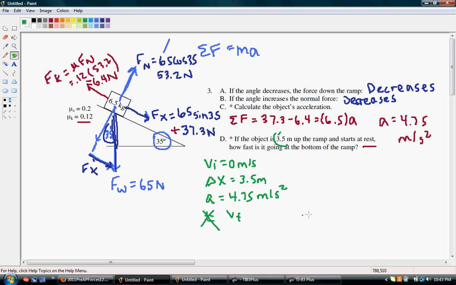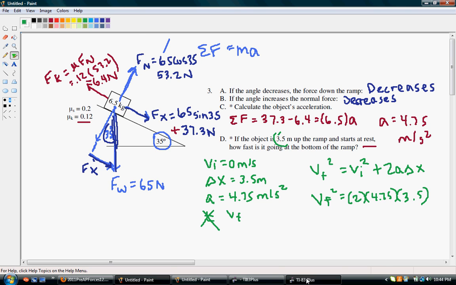So we are going to use the equation without time, which is final velocity squared equals initial velocity squared plus 2 times the acceleration times the displacement. Our final velocity is what we're trying to solve for. Initial velocity was 0. Well, 0 squared, still 0. And then 2 times the acceleration, 4.75, times the displacement, which is 3.5. So we're going to multiply all these numbers out and take the square root of them.